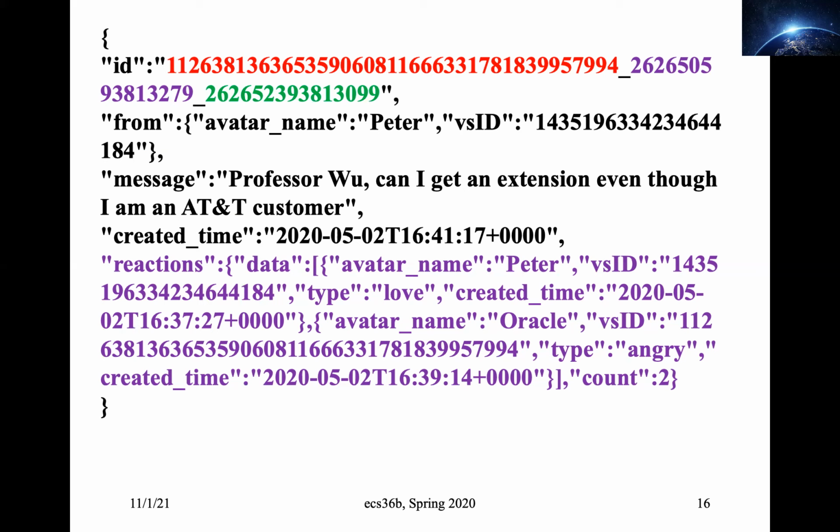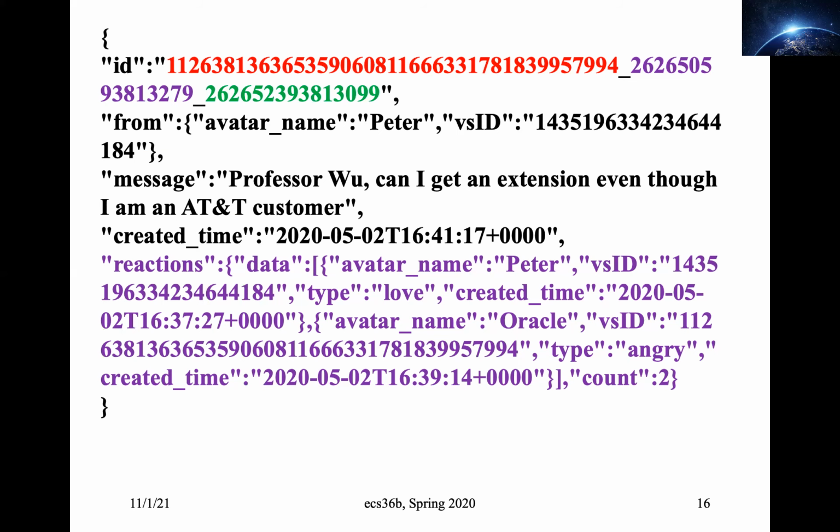Can someone tell me, based on what you've learned so far about JSON, what is the value type of that particular key-value pair? What is the type? Yes, it's an object. That's good. That's the answer.